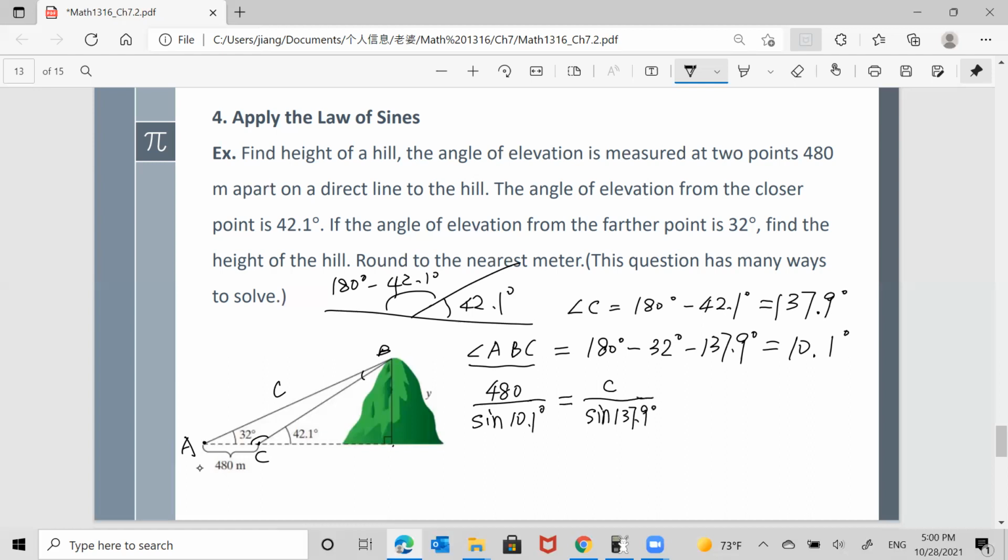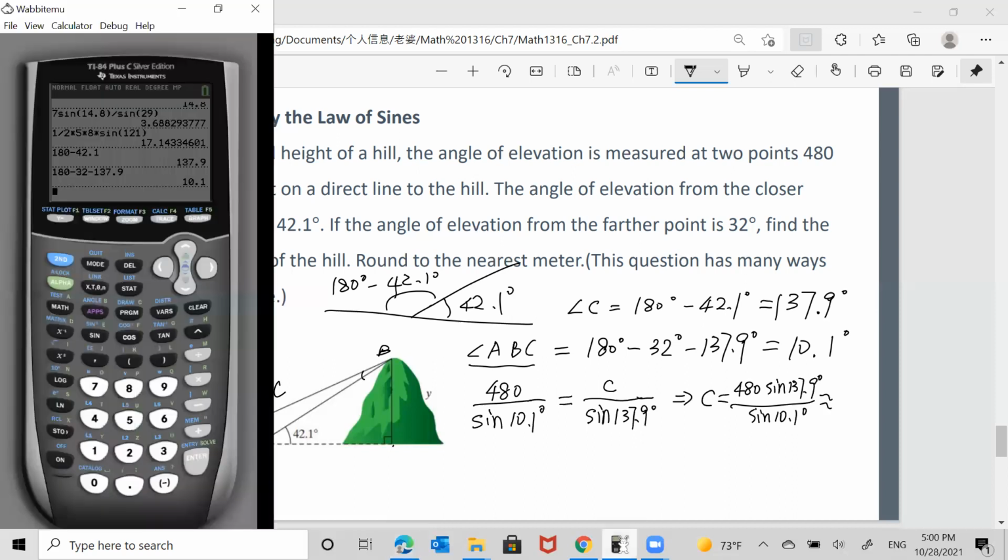If we are looking for C, C equals 480 times sine 137.9 degrees over sine 10.1 degrees. Let's use the calculator. 480 multiplied by sine 137.9, close parentheses, divided by sine 10.1, close the parentheses.